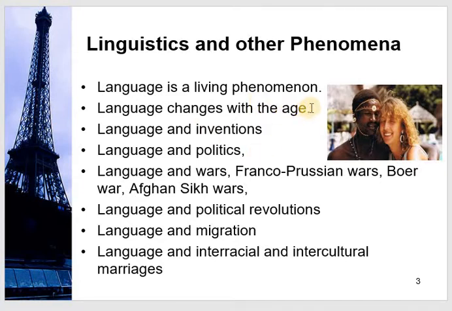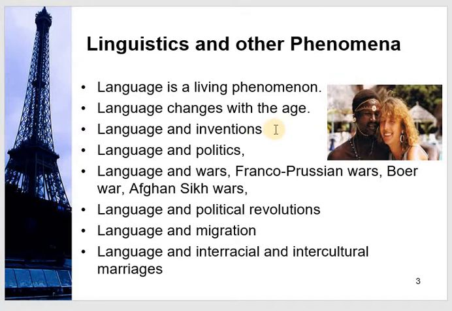As fashions change, language also changes. You are looking at a picture in the right corner. You look at that one black and one white. Basically, I'm discussing interracial marriages. When there are interracial marriages, their languages also change. So Pidgin and Creole appear.